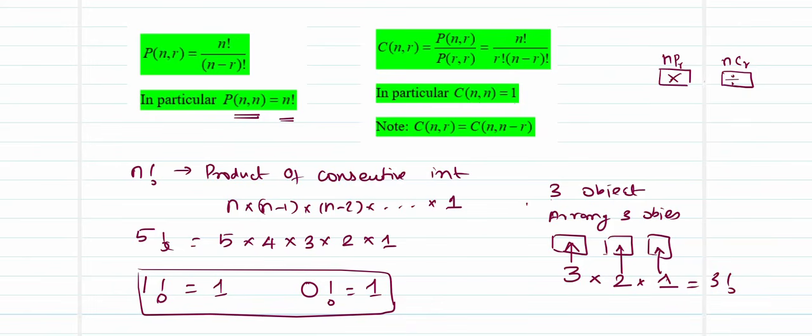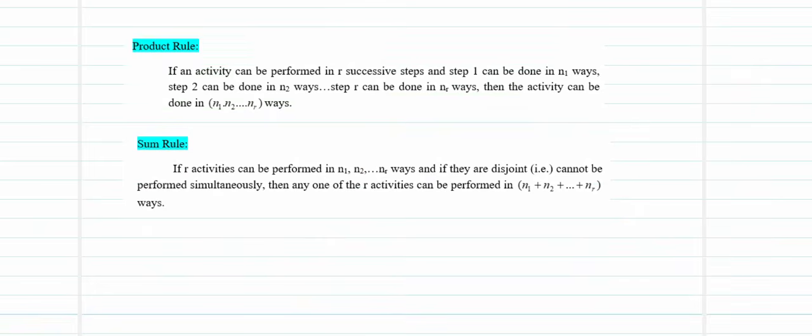Please watch for it. Okay, now we move on to something called the product rule and the sum rule. Say suppose we have an activity. Now this activity has been broken into many steps: step 1, step 2, step 3, step 4 and so on.